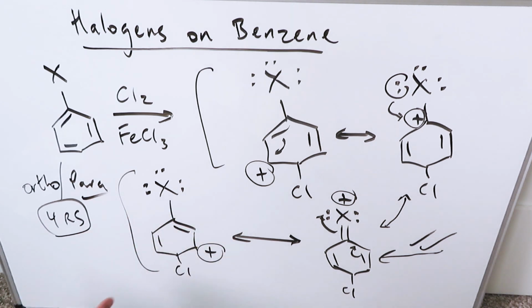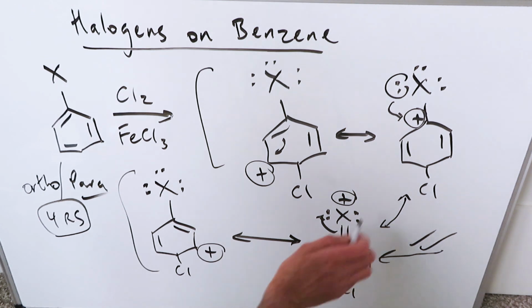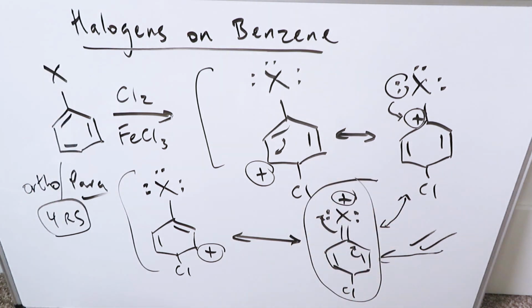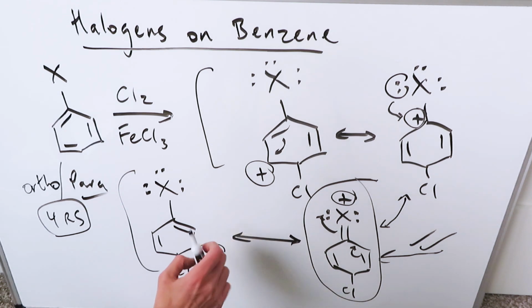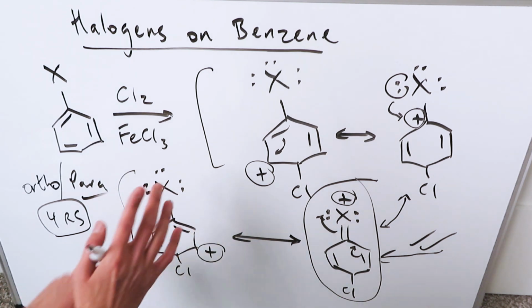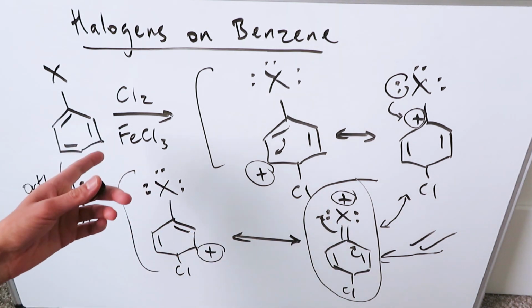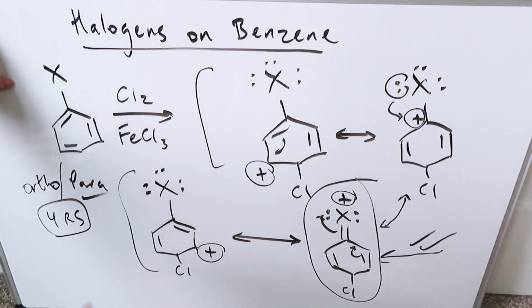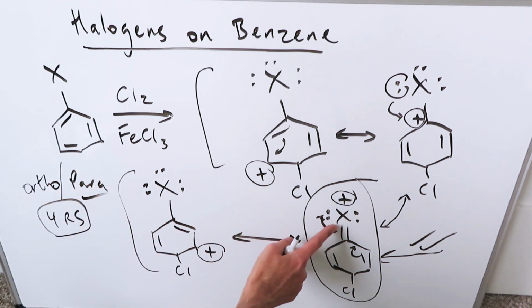The ortho para significantly favored versus the meta simply because this structure shows up in the para, and a similar structure in the ortho where you could imagine that the halogen was in the ortho position, but you still have electron donation by resonance. Keep in mind, halogenated benzenes deactivate the ring by their inductive pulling of the pi electrons, but they also favor ortho and para by means of charge donation or electron donation through resonance.